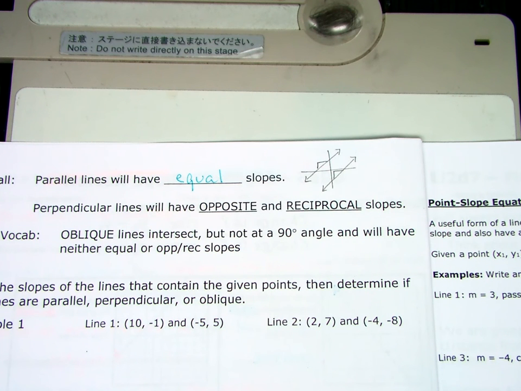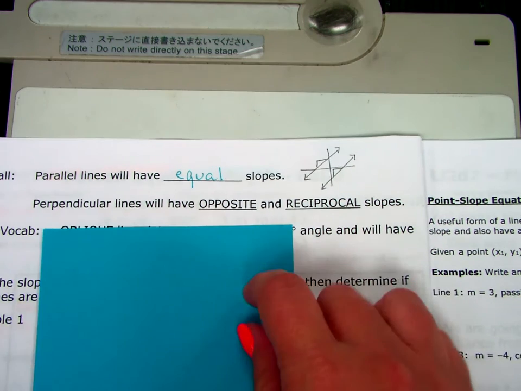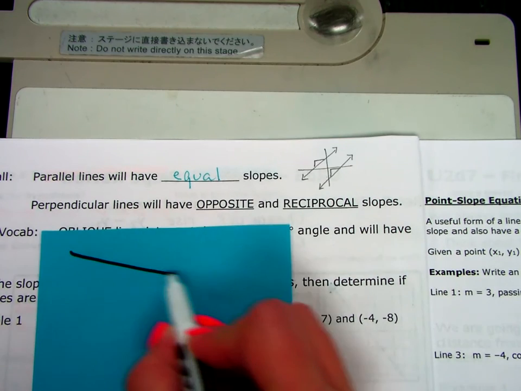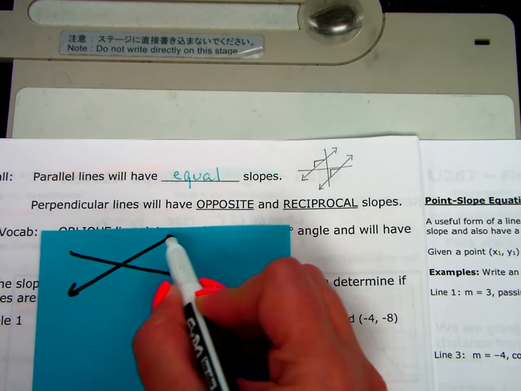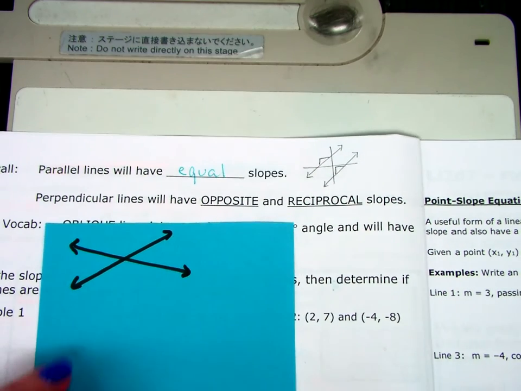Perpendicular lines, what does it mean to be perpendicular? They intersect each other at a 90-degree angle. I heard a couple people who just said they intersect each other. But we can't just go with they intersect each other, because if I look at an example of these 2 lines, these 2 lines are not perpendicular.